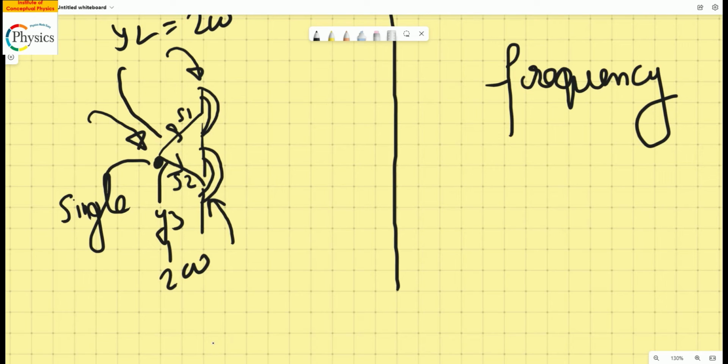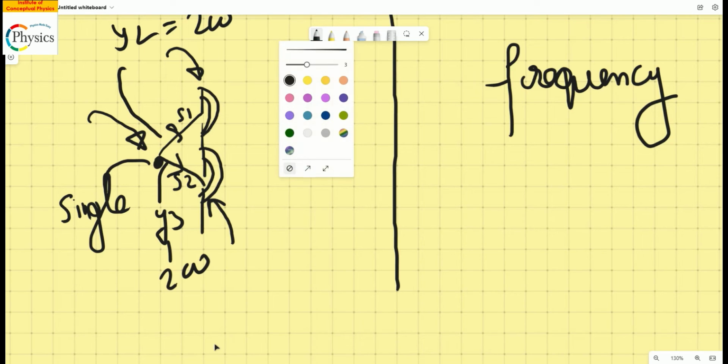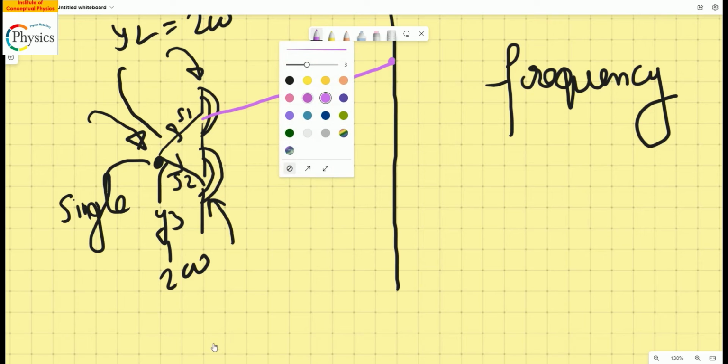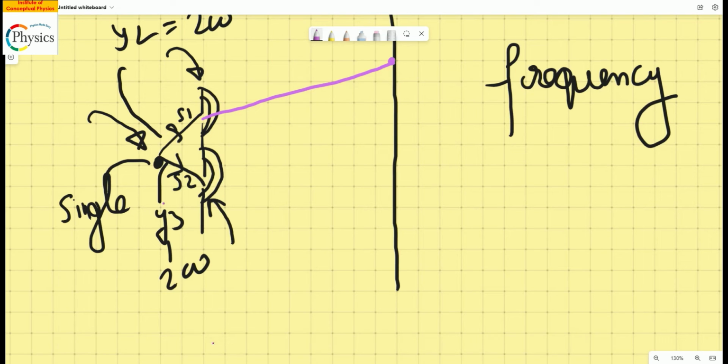So when they meet here, let's say the meeting point is this point, the light comes from this particular slit, travels, and meets here, and the light coming from the other slit also travels and meets here. So this is the way.